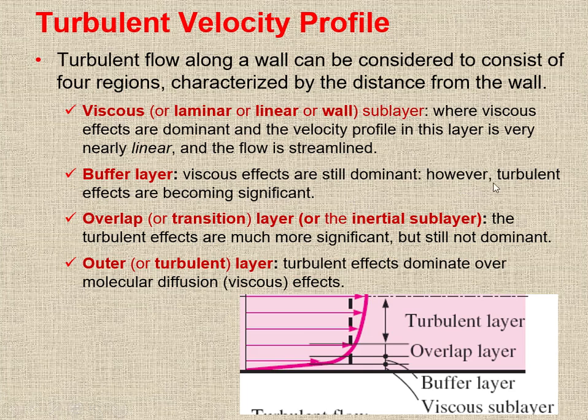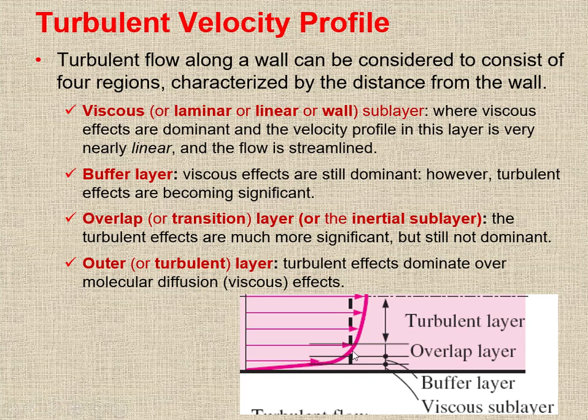In the buffer layer, viscous effects are still dominant since it is still very close to the wall, but turbulent effects are becoming significant and increasing. Then in the overlap region, also called the transition layer or inertial sublayer, the turbulent effects are much more significant but not dominant.